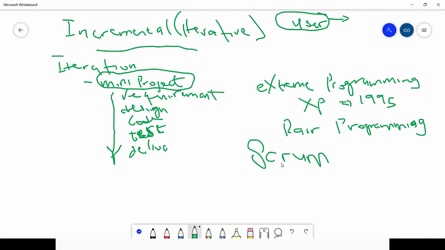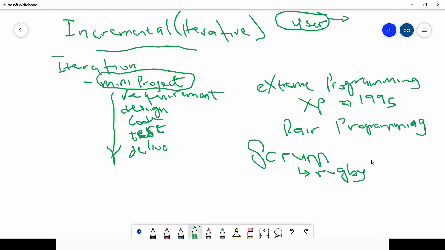Now Scrum, the origin of the name Scrum comes from the game of rugby. Okay, so if you play rugby, you are probably familiar with the term Scrum. A Scrum in rugby means a way of restarting a play after a foul has happened, right?